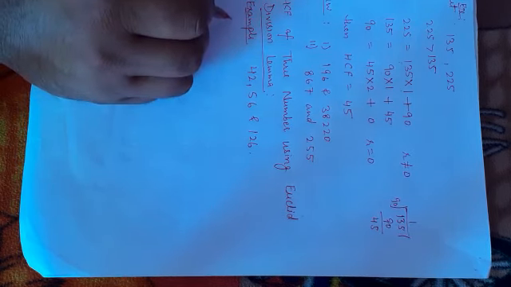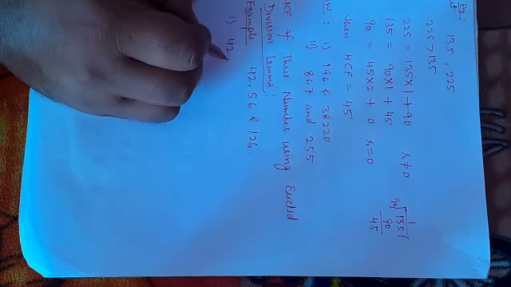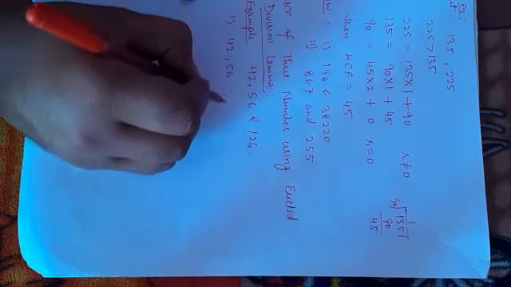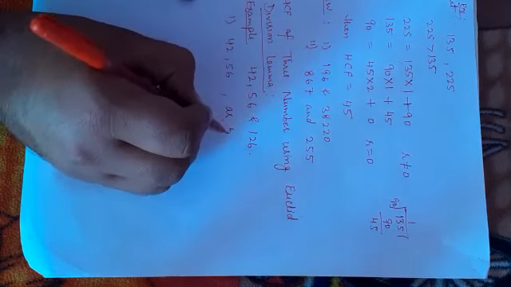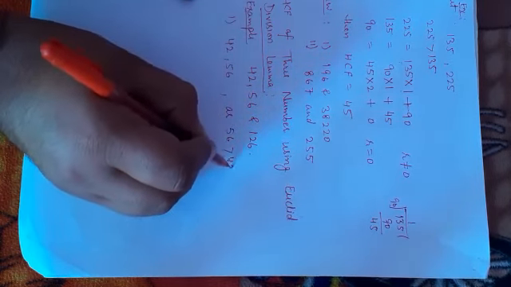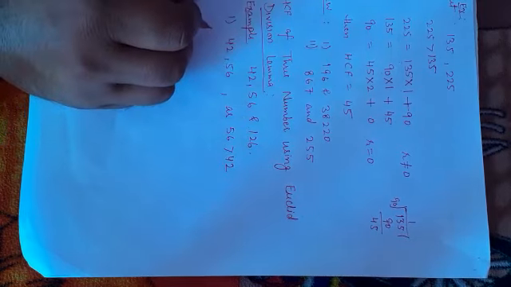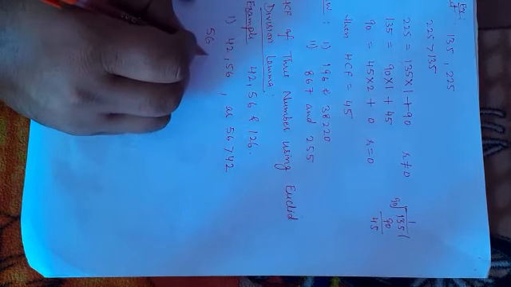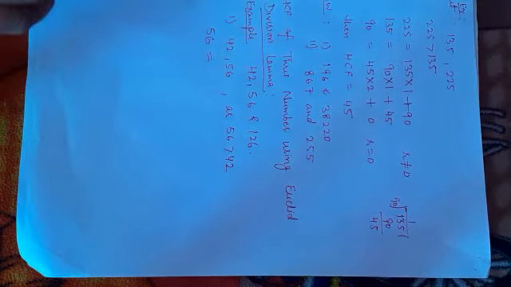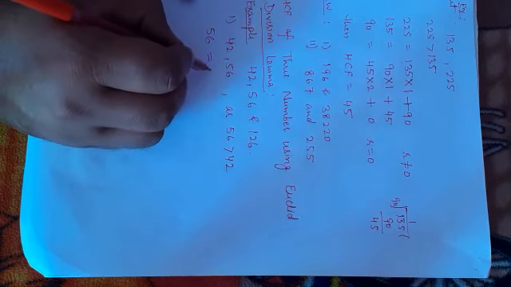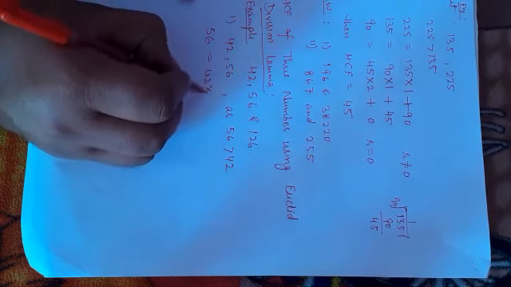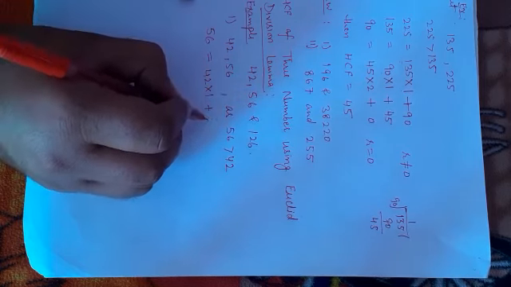In the first part we have 42 and 56. As we know, 56 is greater than 42. So 56 is your dividend, and you will write 56 as 42 into 1, and your remainder will be 14 there.